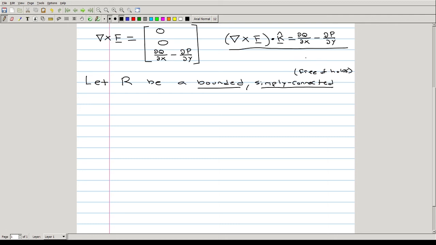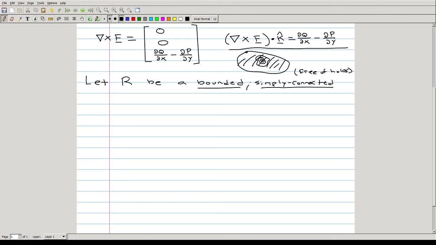A more advanced way of defining simply connected is that any curve C in R can be continuously shrunk to a point that is contained in R. So this is true for any curve.